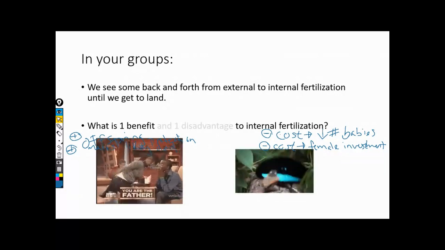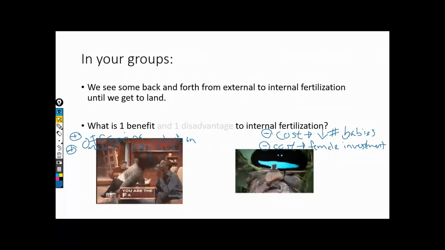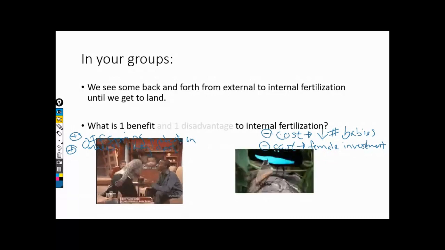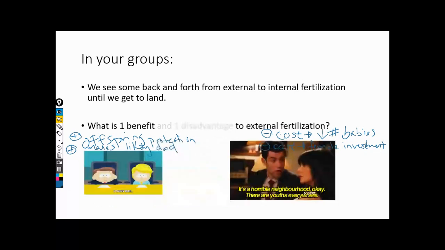So the cost of breeding sometimes is so high that either the protection of the nest or the eggs or the act of breeding itself will kill you. Okay, so costs are high.